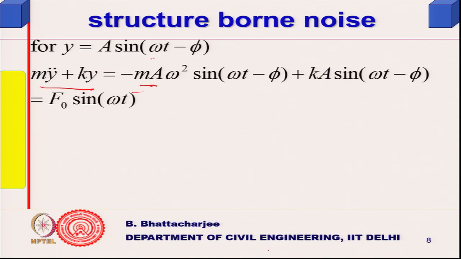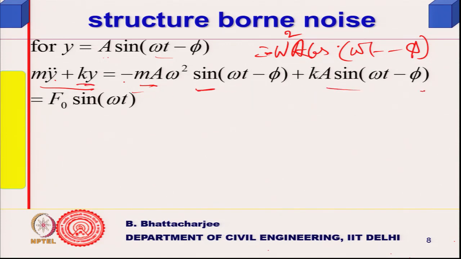So, I just differentiate it twice. The first time I get a omega cos omega t minus phi, right, am I right? And then this will give me minus a omega square sin omega t minus phi, and plus k a sin omega t minus phi.